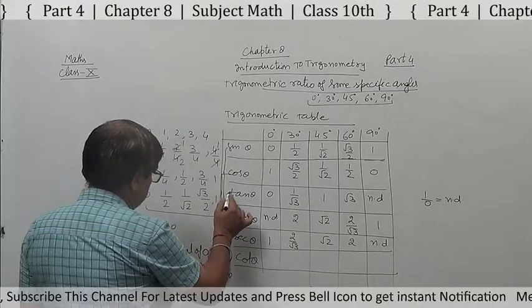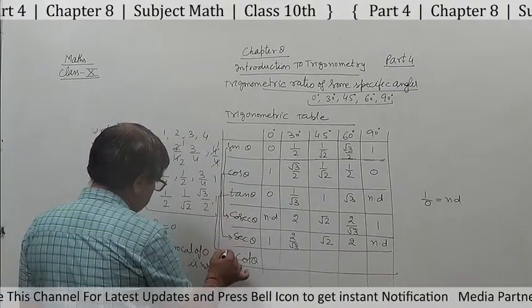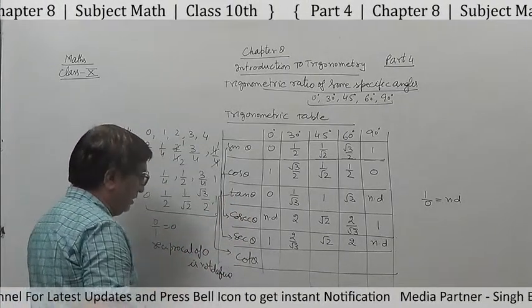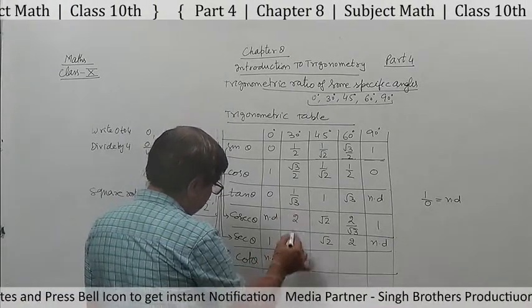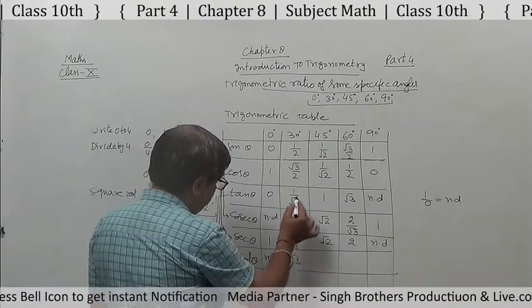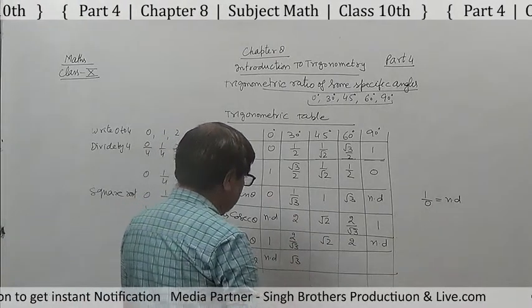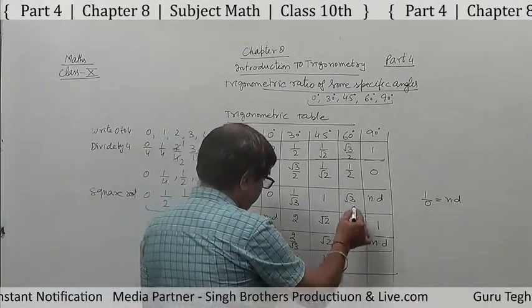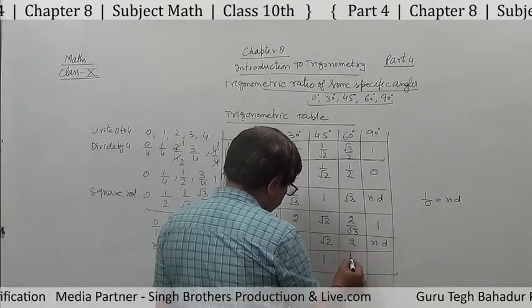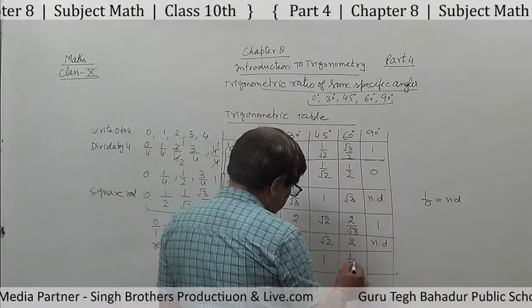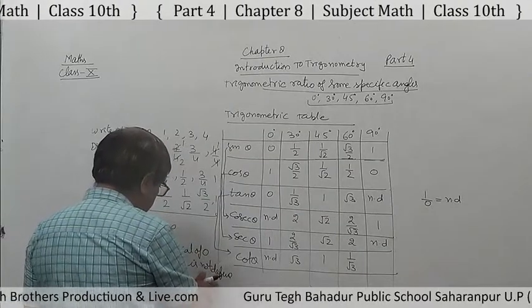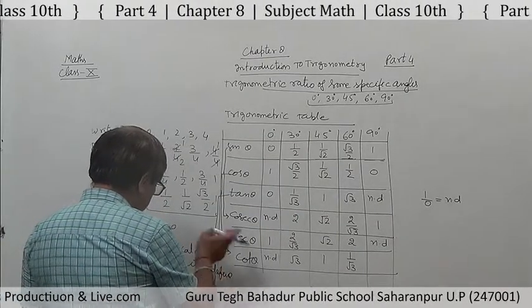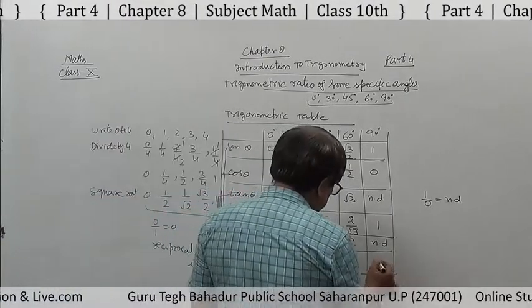Cot is the reciprocal of tan. Reciprocal of 0 is not defined, reciprocal of 1 upon root 3 becomes root 3, 1, and root 3's reciprocal is 1 upon root 3. When reciprocal of 0 is not defined, reciprocal of not defined is 0.